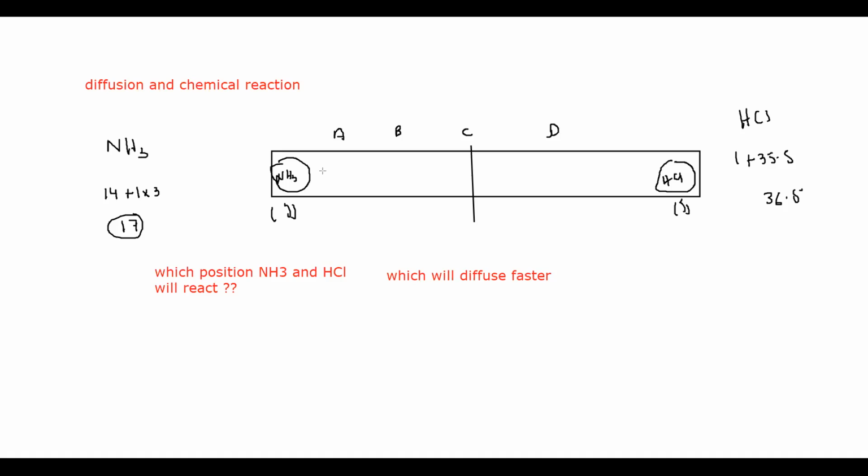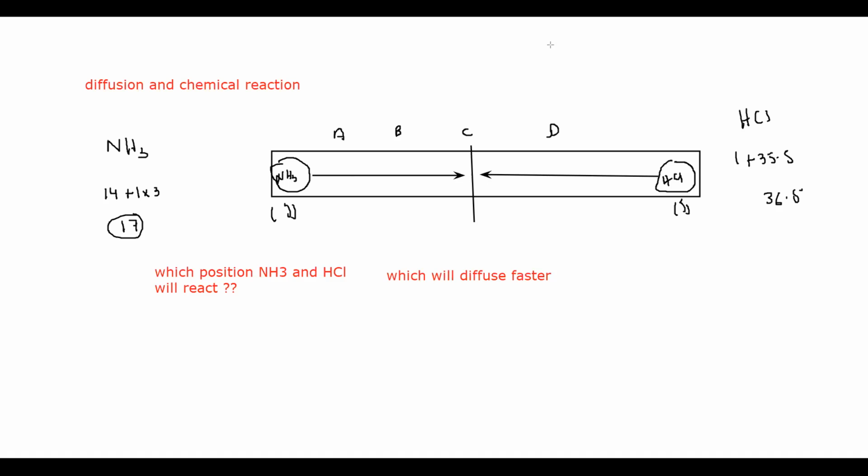If the reaction occurs at the center, it means both gases have the same rate of diffusion. But in this example, when we work out the mass, NH3 is diffusing faster than HCl. So NH3 should cover greater distance as compared to HCl.